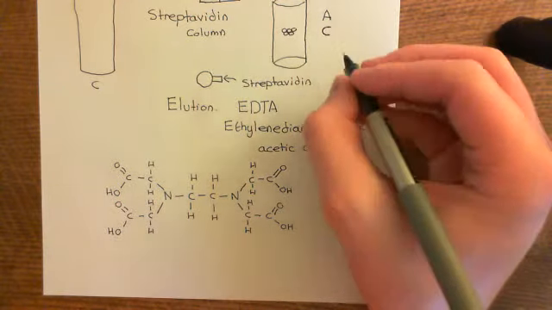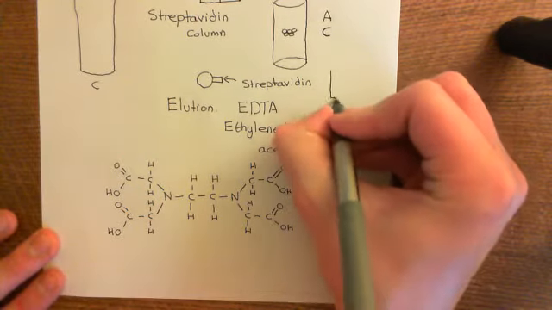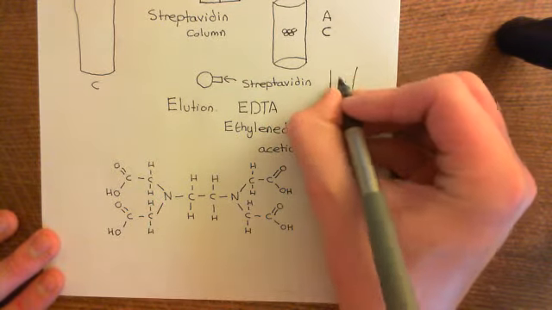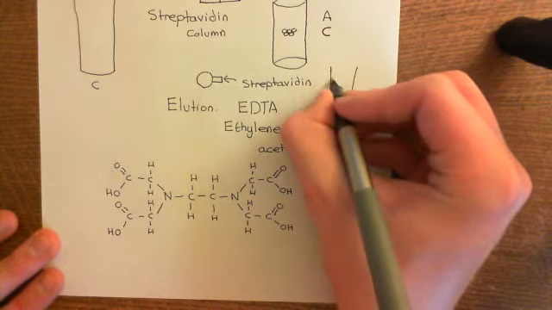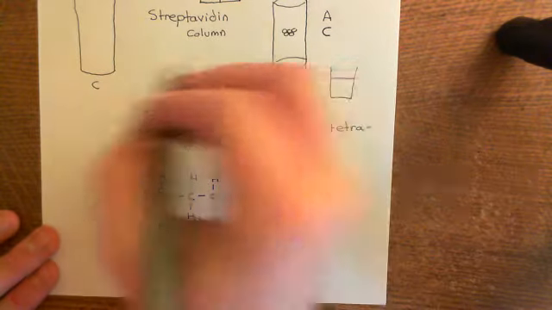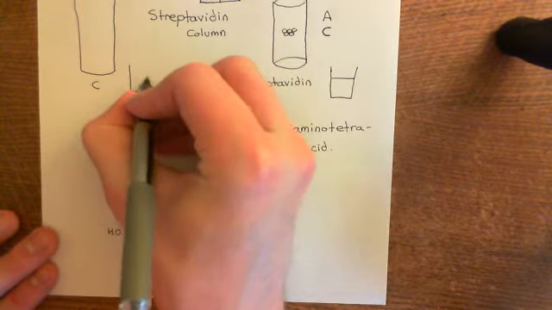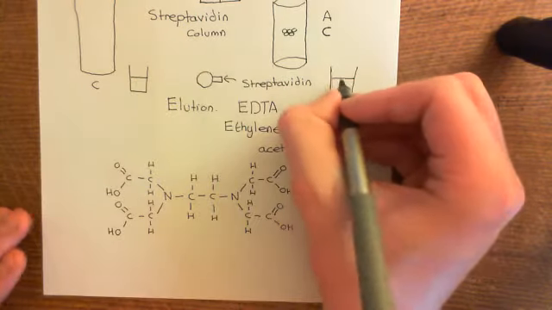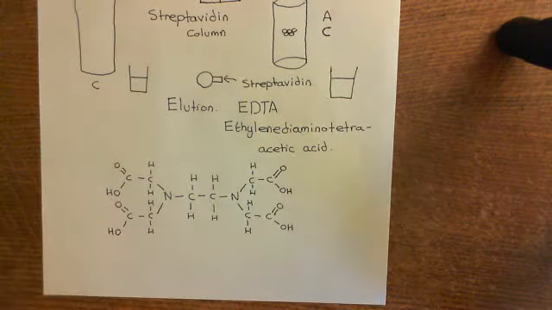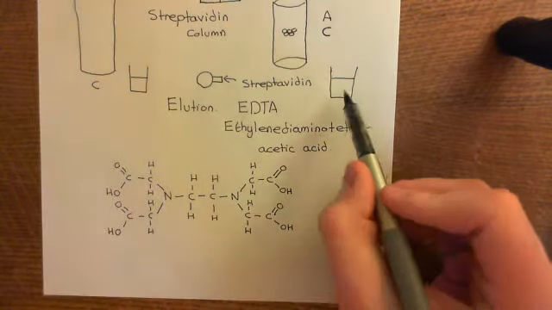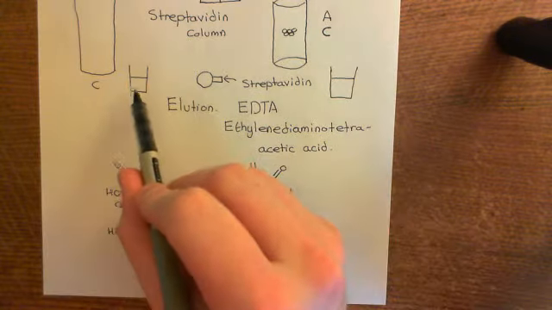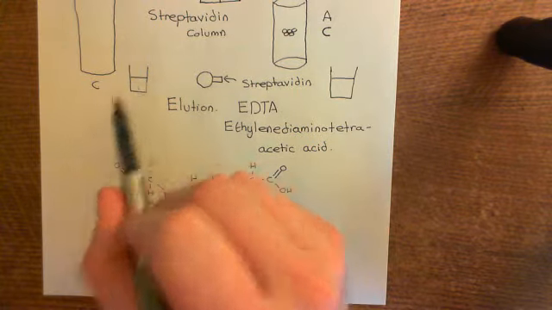Okay, so you'll then have a flask which will contain a solution containing all of the proteins that bound to each of the columns. So you'll have a flask for the control over here, and you'll have a flask for the non-control.